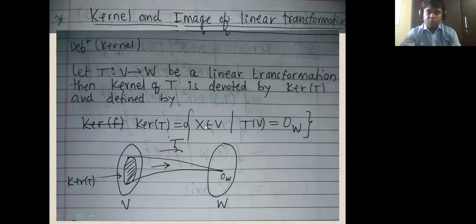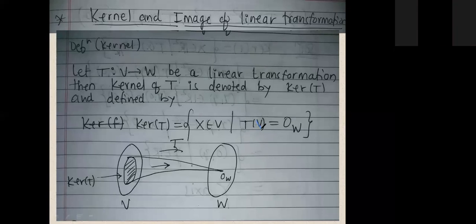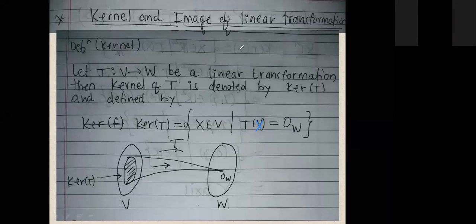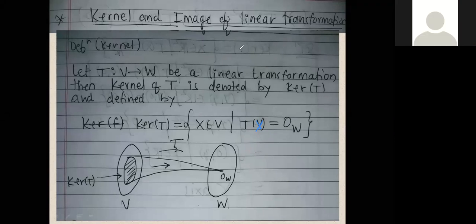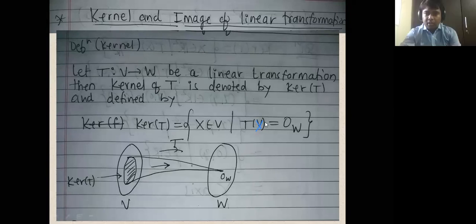Remember this, collection of those vectors in the domain such that whose T of x, I should have written here x, whose T of x is equal to 0 in the codomain.